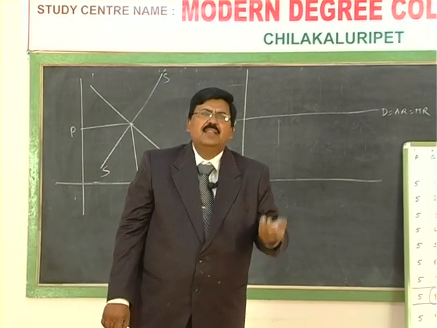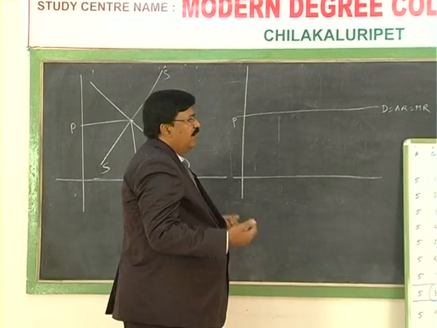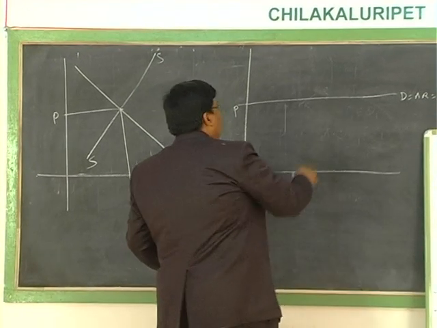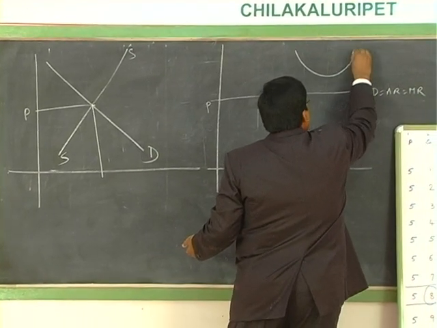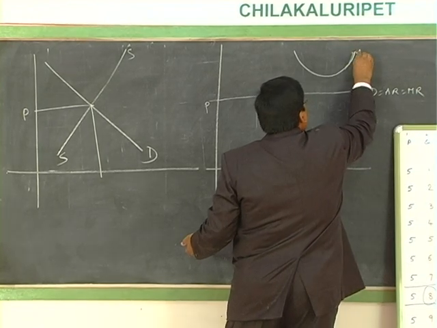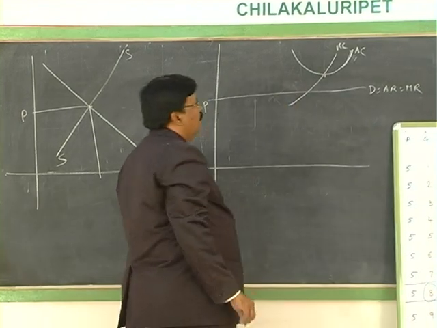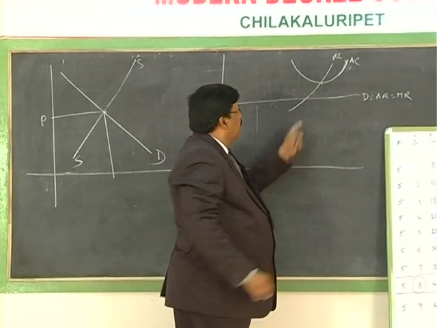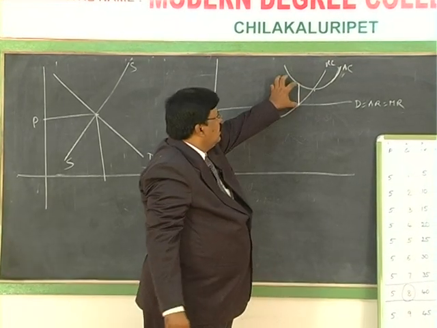Now, depending on the cost conditions, it may earn a profit or incur loss. For example, if cost conditions are like this, AC, MC, what happens? MC, MR intersection, and this is loss per unit.